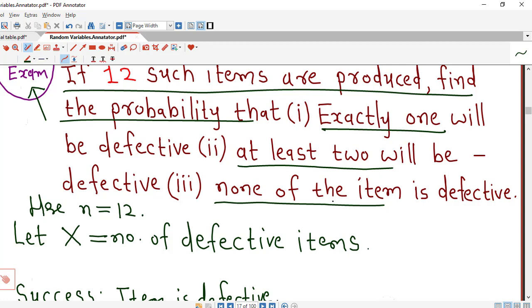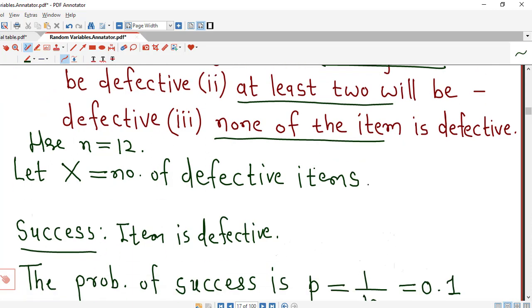For each item we can check: suppose we consider the first item, then whether the second item is defective or non-defective does not depend on the first item. So we can say that trials are independent.